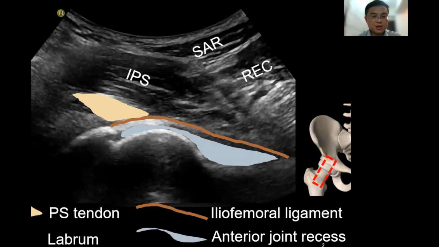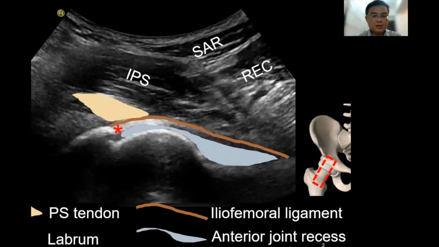The structure is the labrum. So if we want to proceed with the injection, we have to avoid hitting the neurovascular structure. At this region, we have to be careful not to injure the femoral nerve.